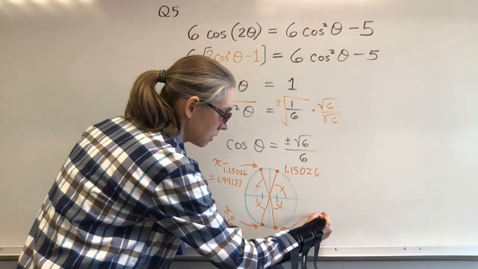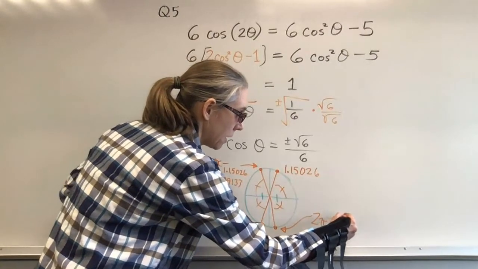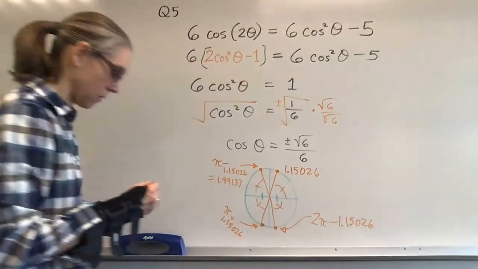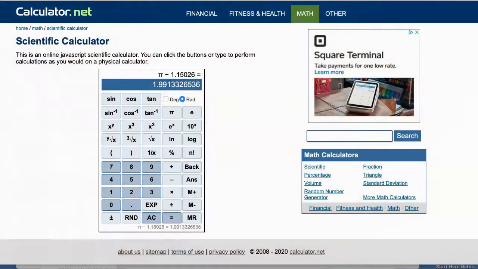Working backwards, this would be 2 pi minus 1.15026. So let's get those values really quick.